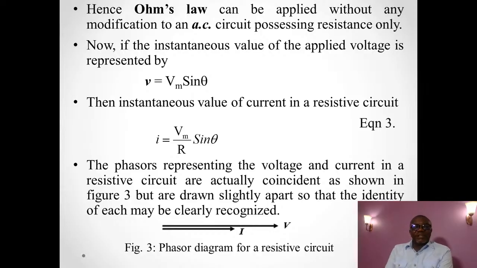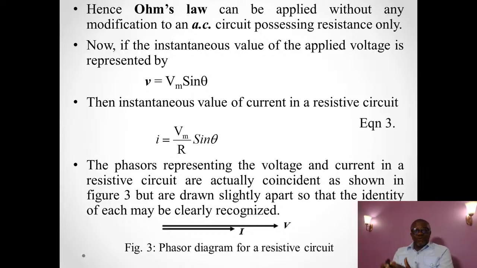Now, if the instantaneous value of the applied voltage is represented by V equals Vm sine theta, then the instantaneous value of current in a resistive circuit will be I equals Vm over R sine theta. That is, small v equals V showing instantaneous value and the peak value sine theta. So when we do that, we have equation 3.